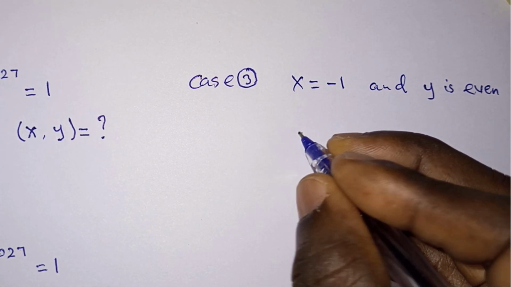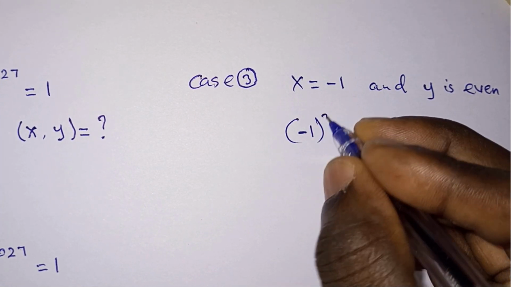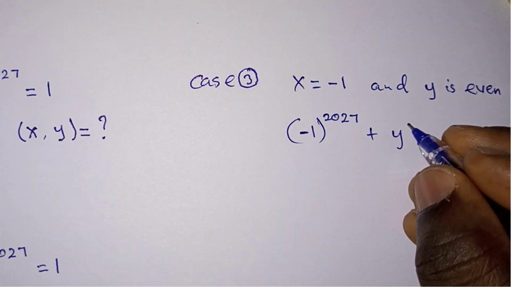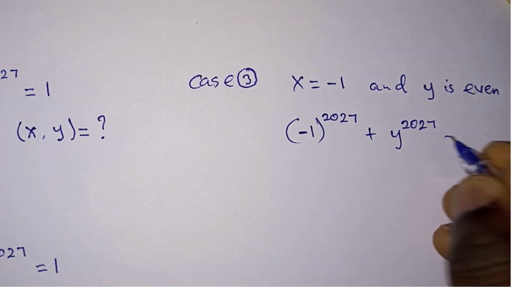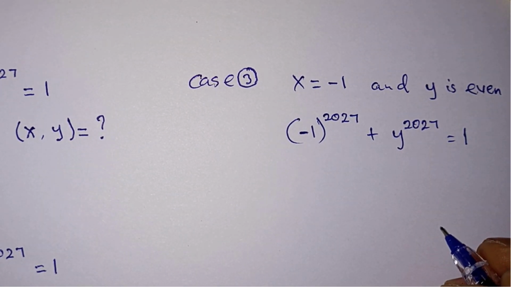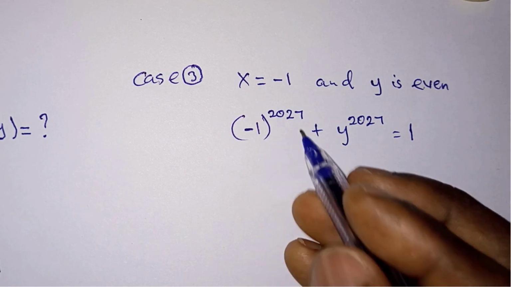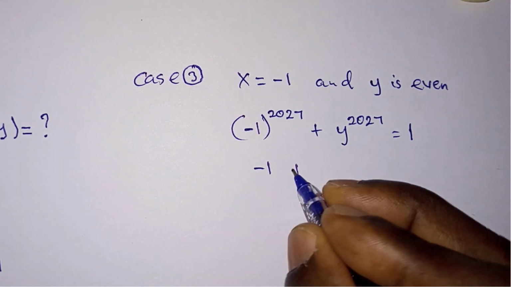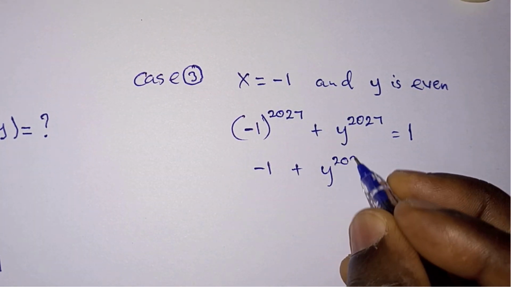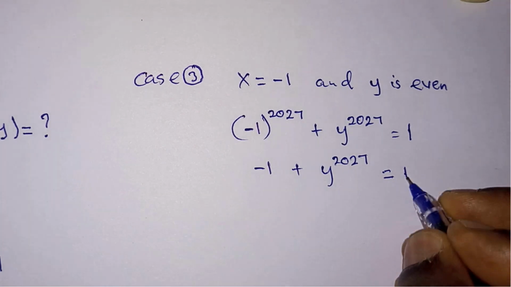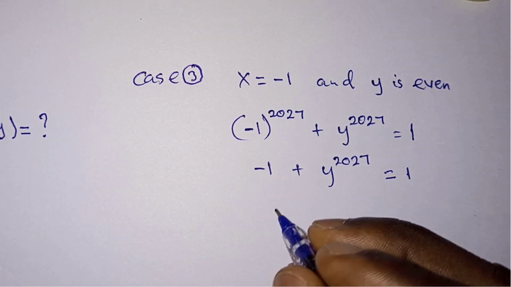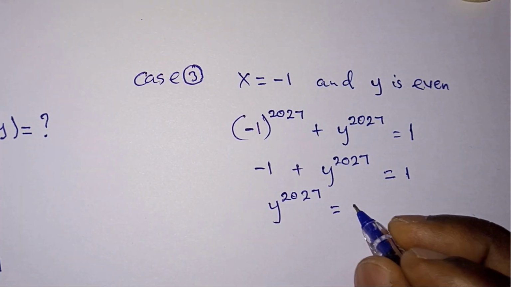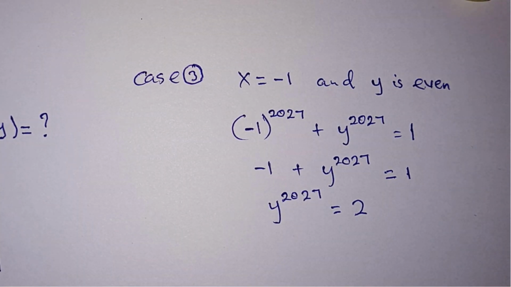So we will have negative 1 to the power 27 plus y to the power 27 is equal to 1. Right? So from here, since the power is an odd number, we will still get negative 1 plus y to the power 27 is equal to 1. So let's make y to the power 27 the subject. So we will have the right hand side to be 2.